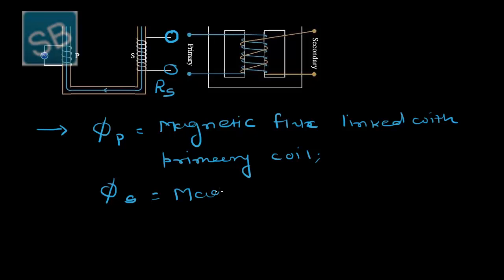So phi s is the magnetic flux linked with the secondary coil.